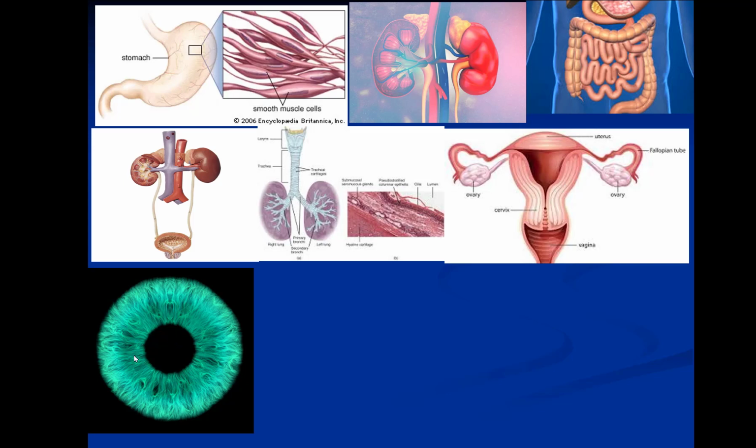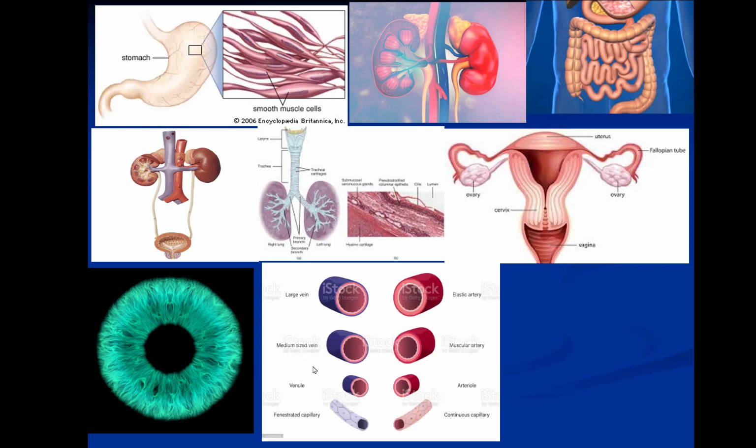This is the pupil, and the colored area of the eye is called iris. These muscles, when stimulated, either contract or dilate or change the shape of the lens.